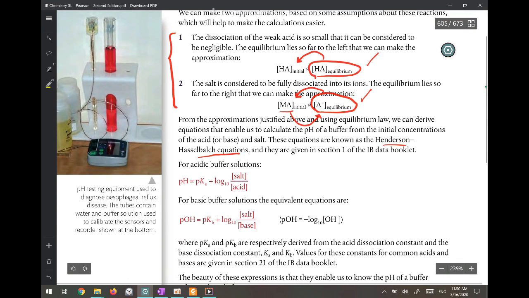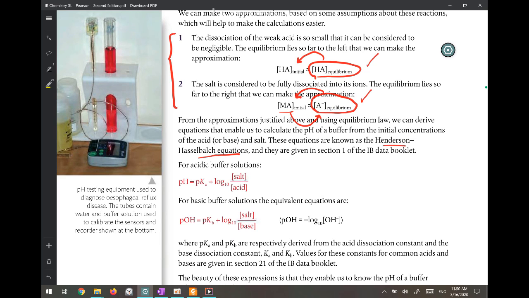It's very important, and the formula is given in section 1 of the IB data booklet, so you don't need to memorize it. The pH of a buffer solution is equal to pKa plus logarithm of the concentration of the salt over acid. So if you have the pKa of the weak acid and you have the concentrations of the salt or conjugate base and the weak acid, you can find the pH of the buffer solution.